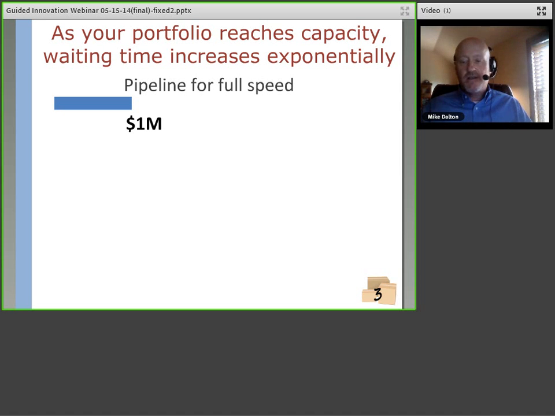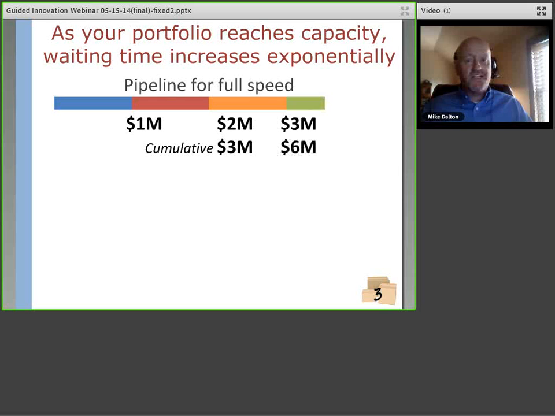Then the second project is done after 6 months, and now both projects are delivering cash flow. And then the third project, and then the fourth project. So after a year, we've gotten all 4 projects done. Some of them were delivering cash flow much earlier, but they all got done within the year.